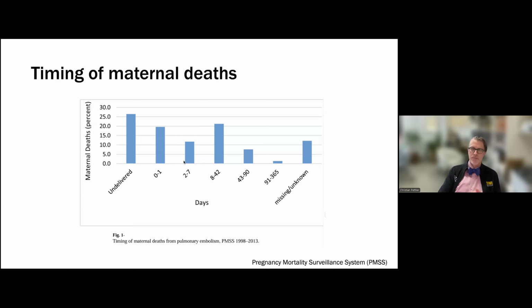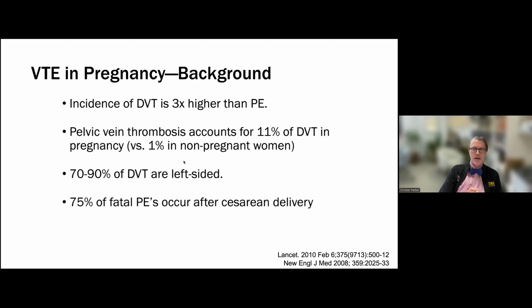And so that's probably an elevated number because the venous thromboembolism event, like the PE, precipitated the delivery at that time. And then you can see when you go out 8 to 42 days, it's about 20% during that period as well. And so really those first 6 weeks after birth are where a large majority of deaths occur, over 20% of deaths occur. And that's from national statistics from about 10 years ago.